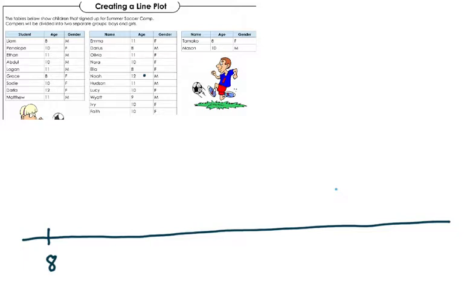So our line plot needs to go from 8 to 12 to include all the ages. So let's go ahead and make this 9, 10, 11, and 12. Let's go ahead and write what these numbers represent. Age of children.